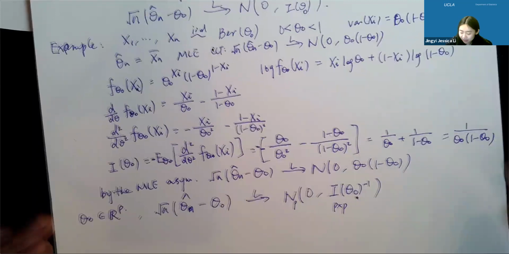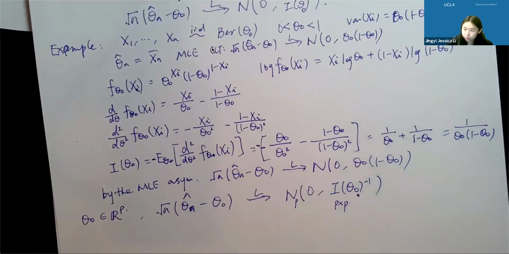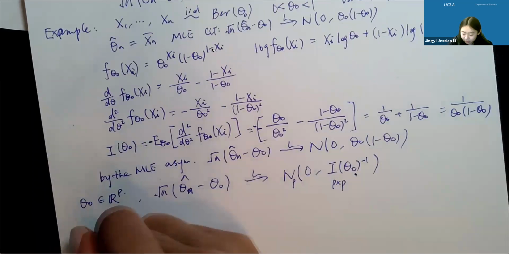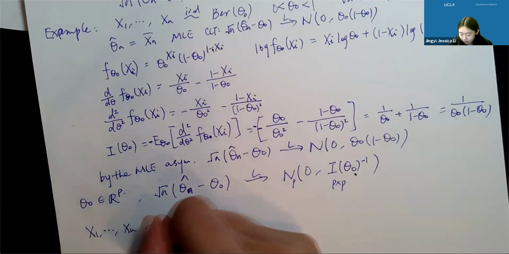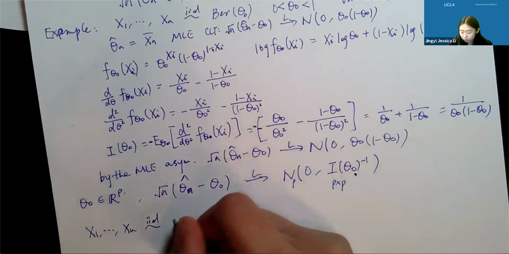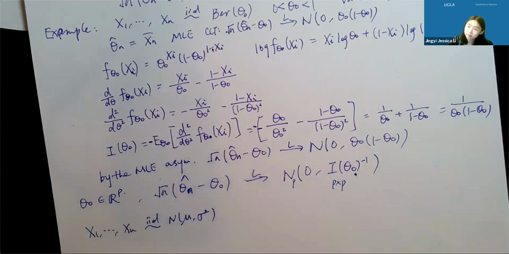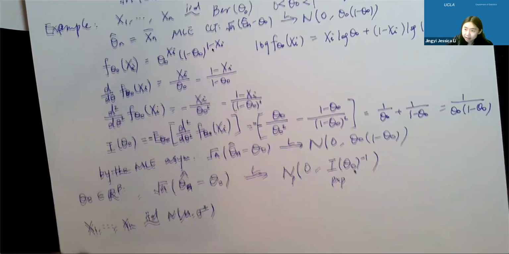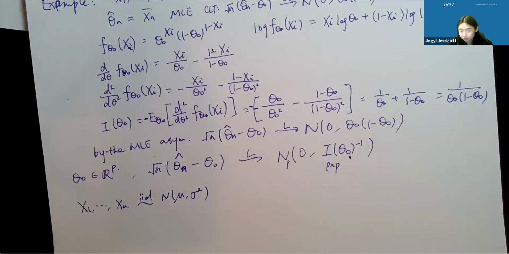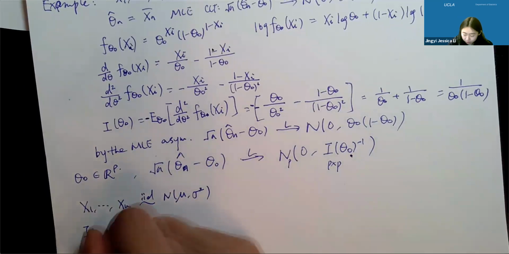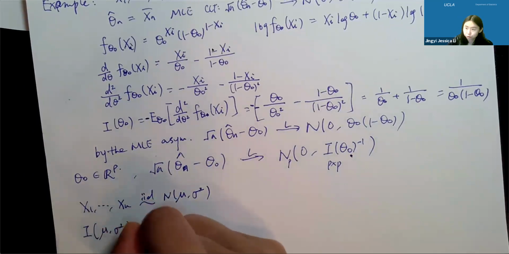What I want to say is that if the distribution has more than one parameter, for example, X1 to Xm, if it's IID from a normal distribution, then the Fisher information will be a 2x2 matrix. In this case, the Fisher information would be for mu and sigma squared jointly.